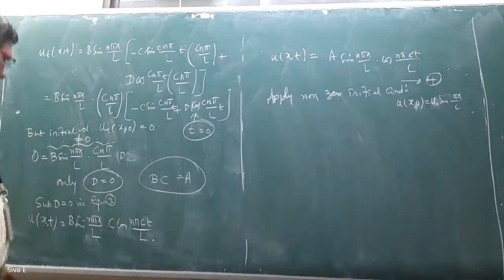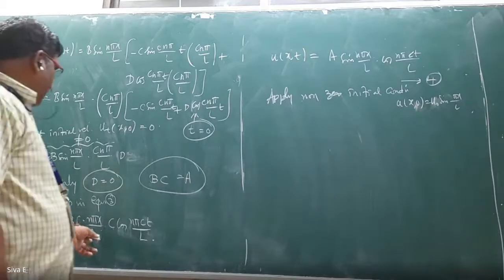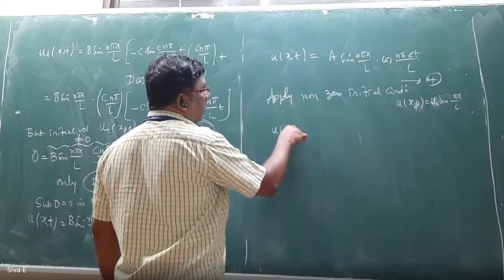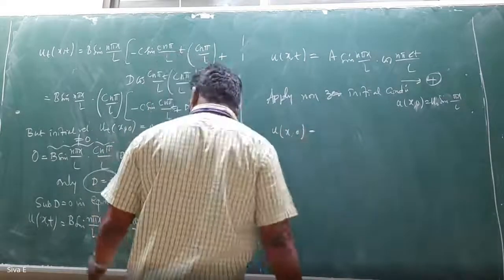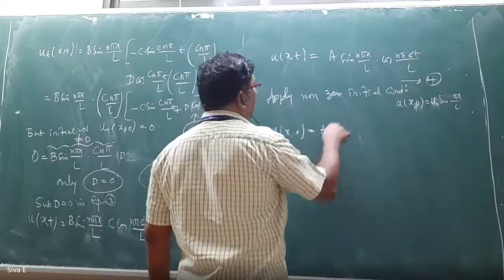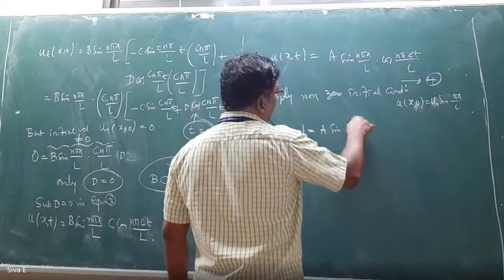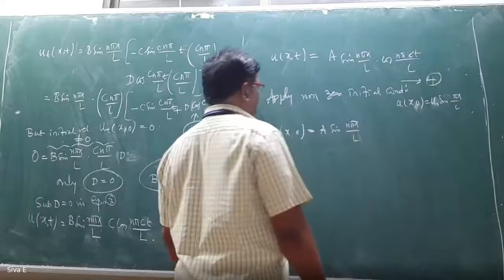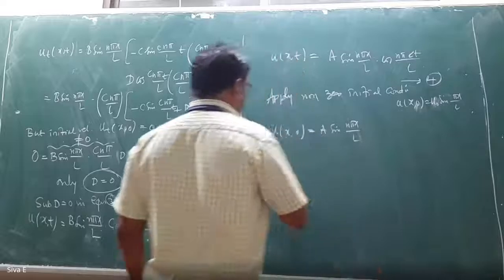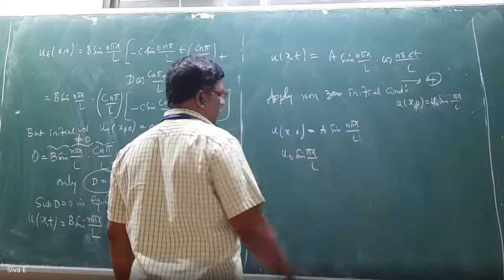Here you have to apply the non-zero boundary condition, u of x comma 0. u of x comma 0 means a sin(nπx/L). But u of x comma 0 is u naught sin(πx/L).